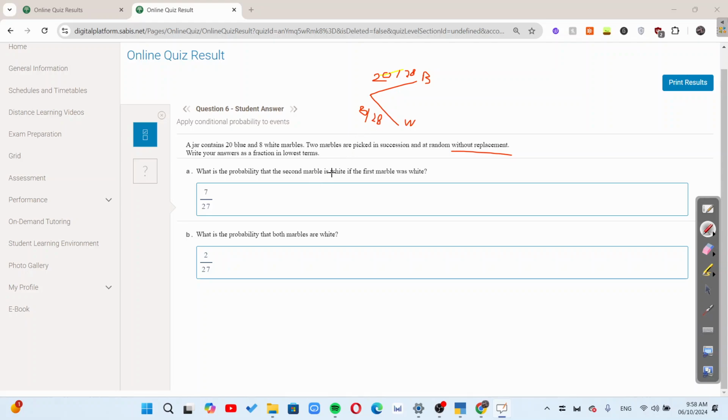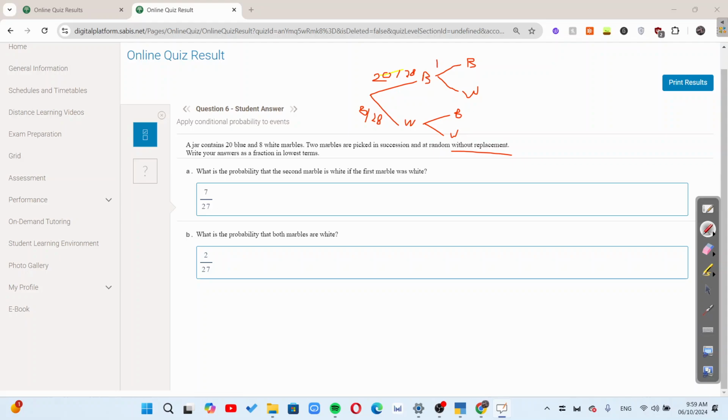So what's the probability that the second marble is white when you picked a marble and the first one was white? So we have to just continue this tree diagram a little more. The chances that you get blue if it's not replacing is 19. This is blue again, and this is white. And this is white, and this is blue. And this is white and white.